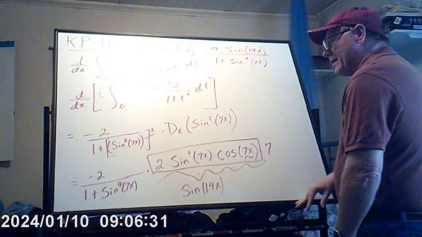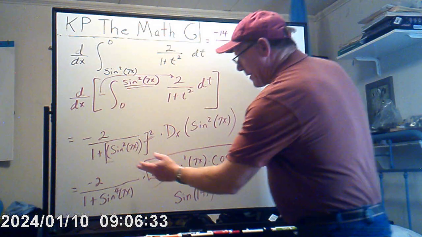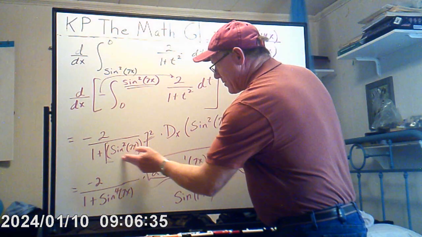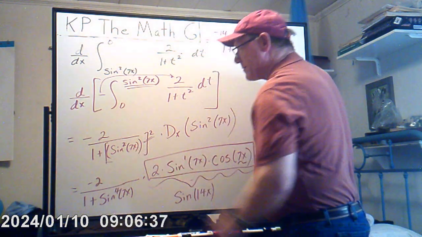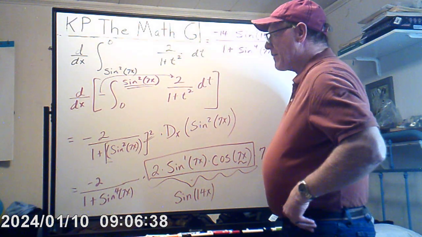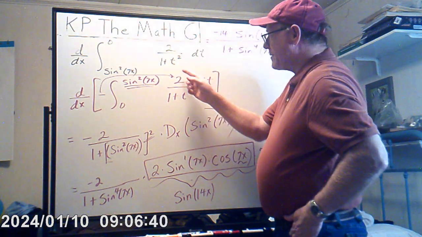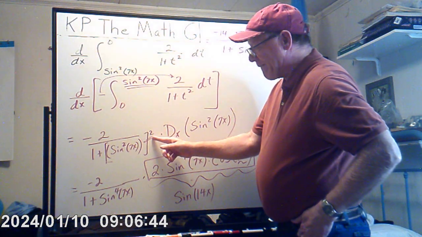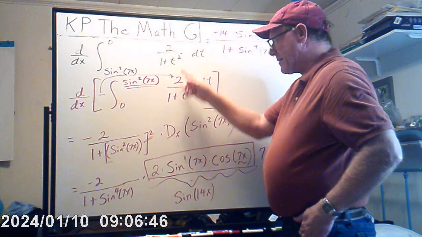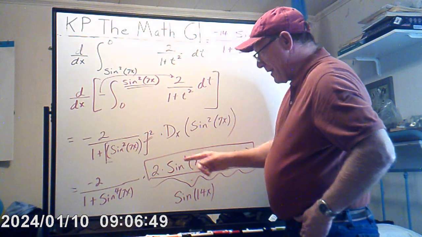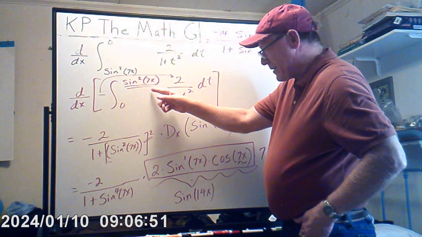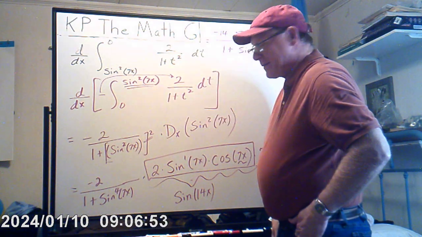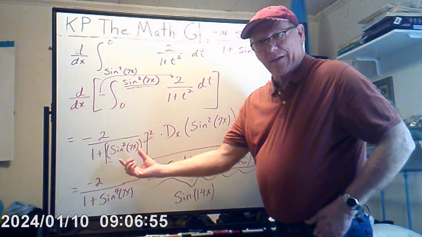Here was just a little bit more to it. We had to take the derivative of what's inside there. Inside of this, t. And we squared it right here. Okay, t squared. T is sine squared 7x. I plugged that in there.